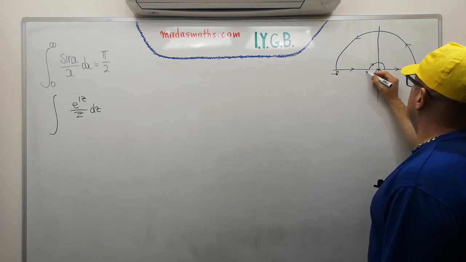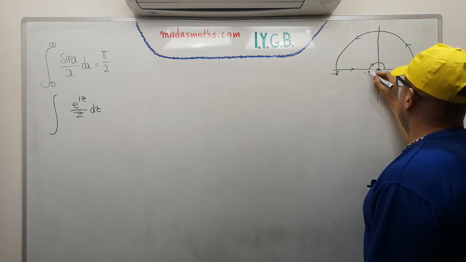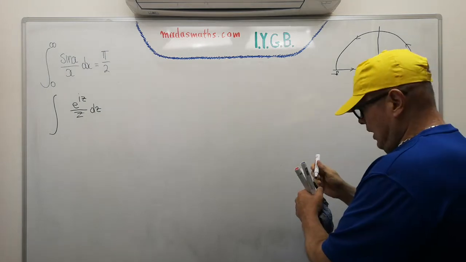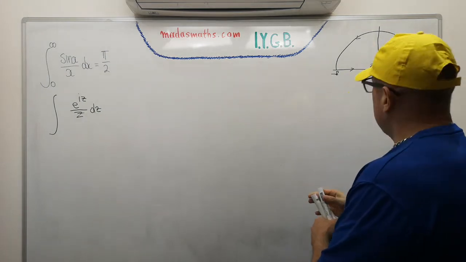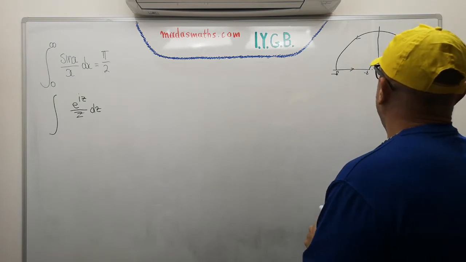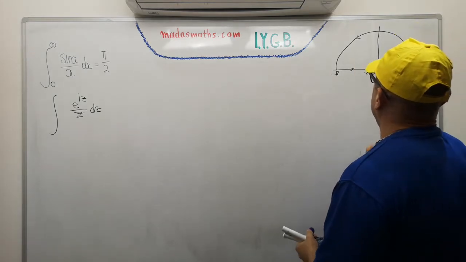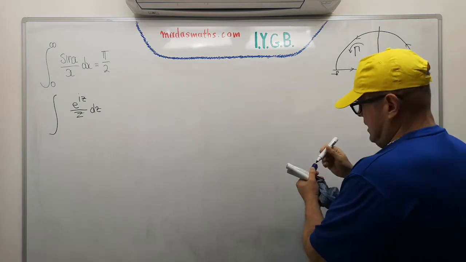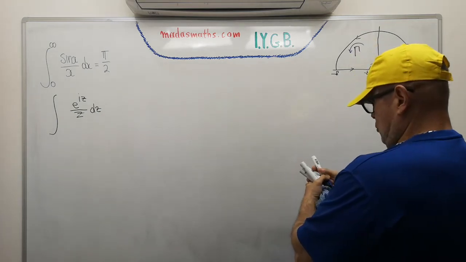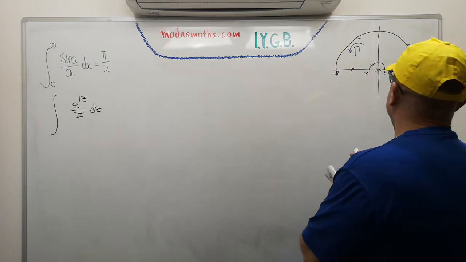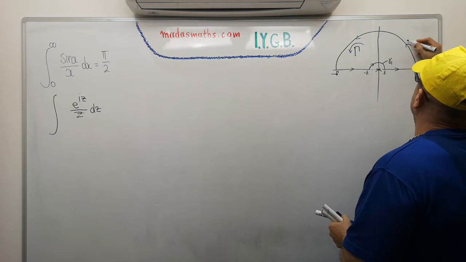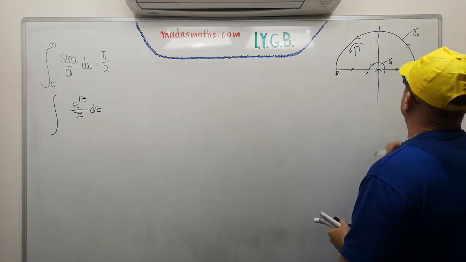Oh, by the way, I forgot to put the radius of the smaller circle, typically for small things, minus epsilon to epsilon. And probably a good idea to label a few bits. The whole thing, we're going to call it, of course, let's say capital gamma, and the two semicircular arcs, let's say we call this one gamma 1 and this one gamma 2.